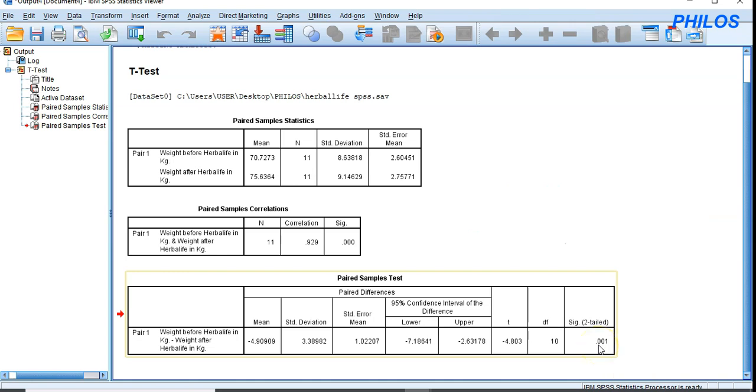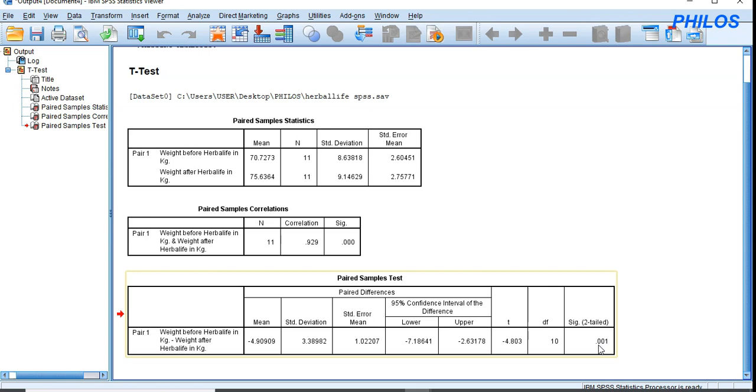And remember, it is the null hypothesis that says that the Herbalife is not effective. Since we are rejecting the null hypothesis which says the Herbalife is not significantly effective, it means we are supporting the alternate hypothesis which says that the Herbalife product is effective. So we can conclude that the Herbalife product is effective in making people gain weight.